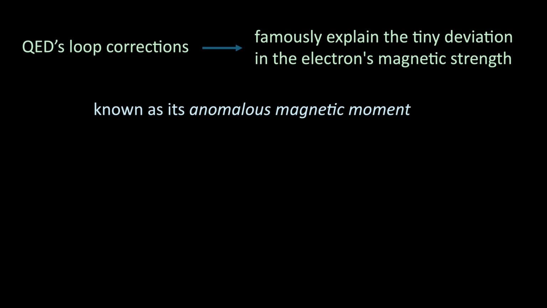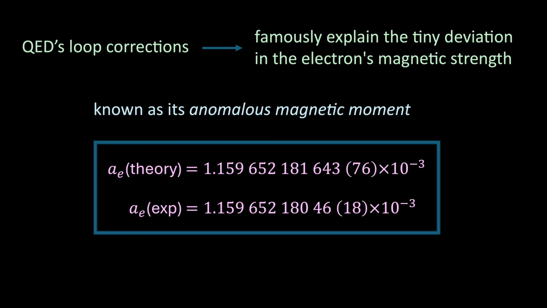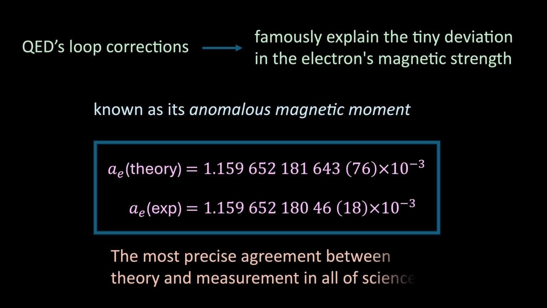For example, QED's loop corrections famously explain the tiny deviation in the electron's magnetic strength, known as its anomalous magnetic moment. By summing thousands of Feynman diagram contributions across multiple loop orders, the theoretical prediction matches experiment to around 1 part in a trillion, the most precise agreement between theory and measurement in all of science.